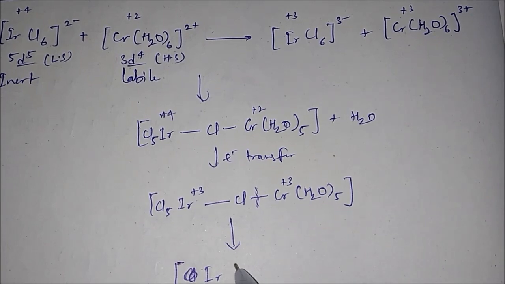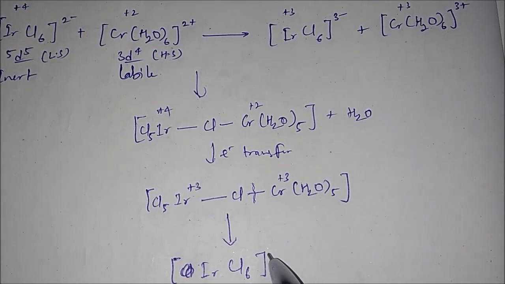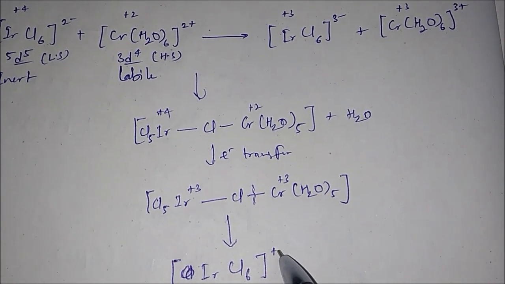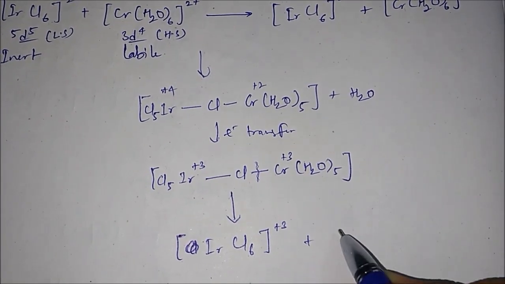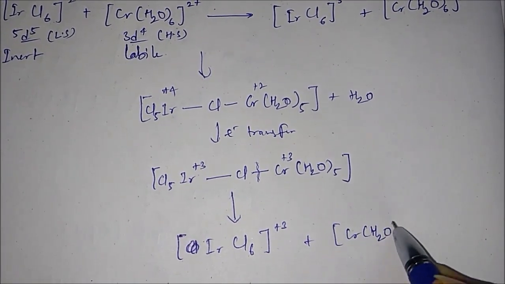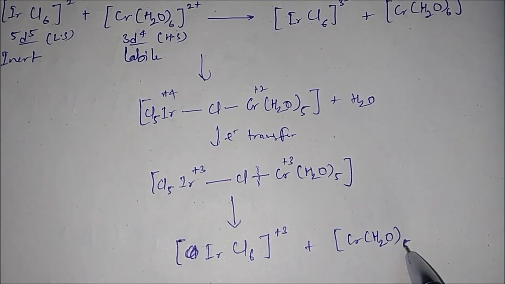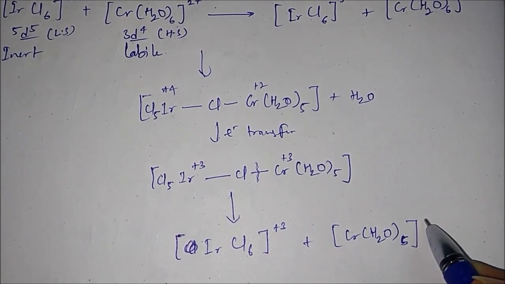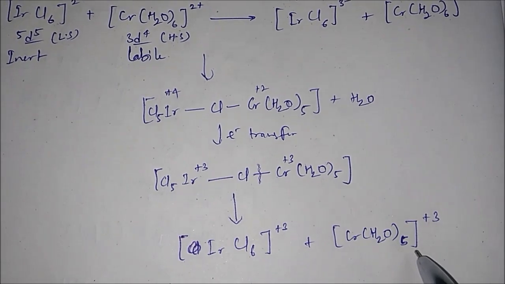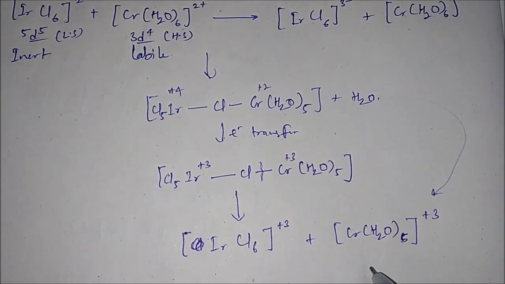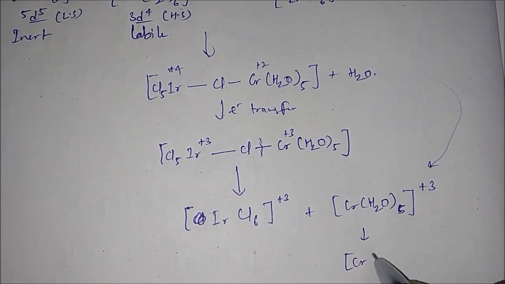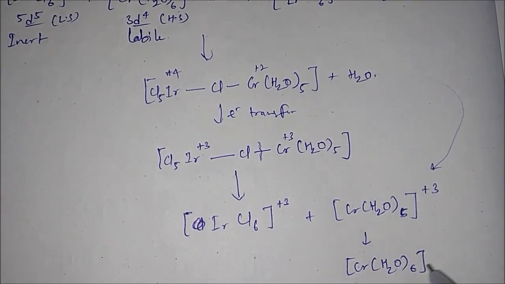So what will happen? It will be iridium Cl6 in the +3 oxidation state, plus Cr H2O5 in the +3 state. Now one H2O which you have left over here will come and join, and it will form Cr H2O6, 3 plus.